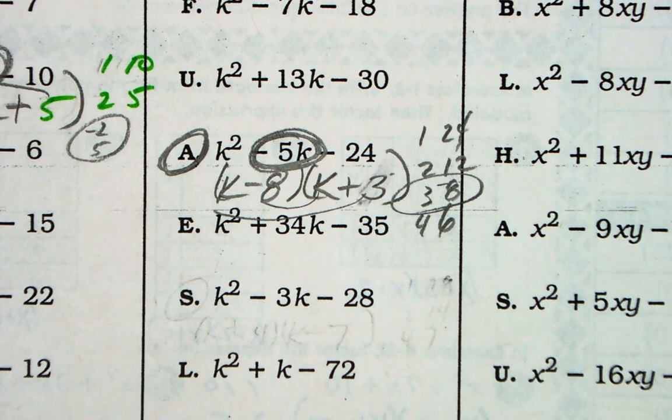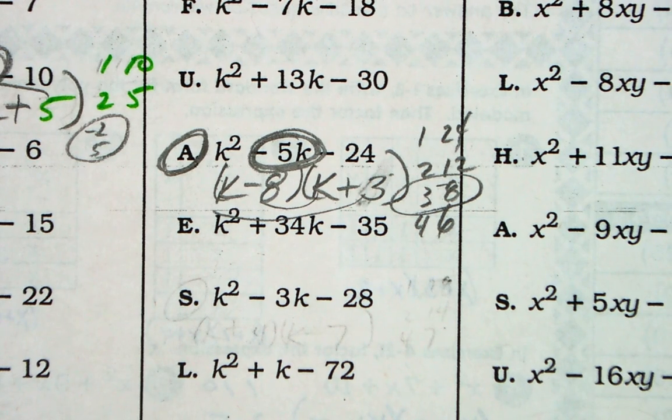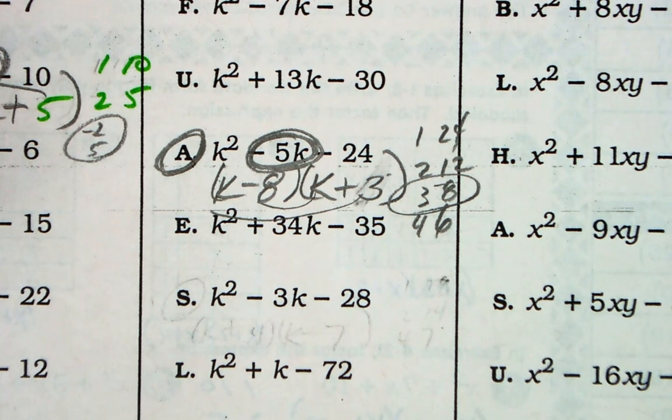Okay? So, if you're on any of these, if you get stuck, list your factors. But the biggest thing is to multiply it and check to see if you're right. Okay? Multiplication is a critical skill. Okay? Critical. Really critical.